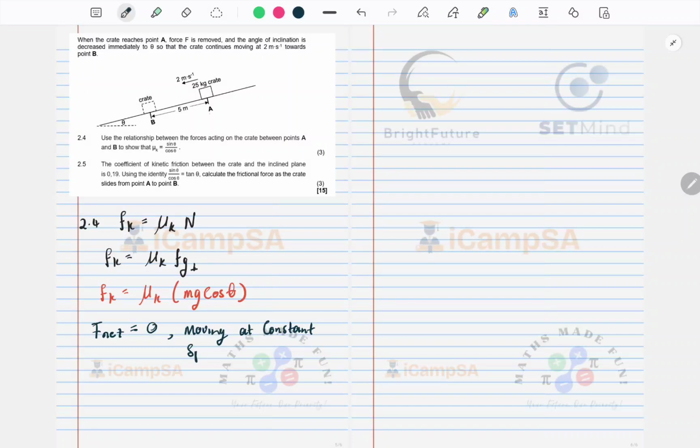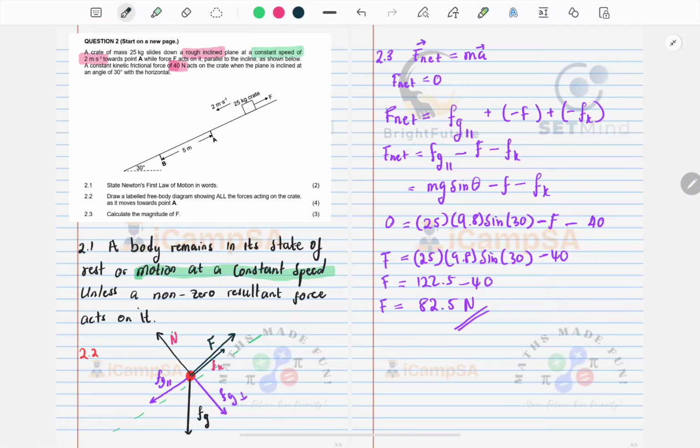Okay? I will explain another time why it becomes 0 in a mathematical form. So we've got this. Since this F here is removed, then we've got Fk and this Fg now.